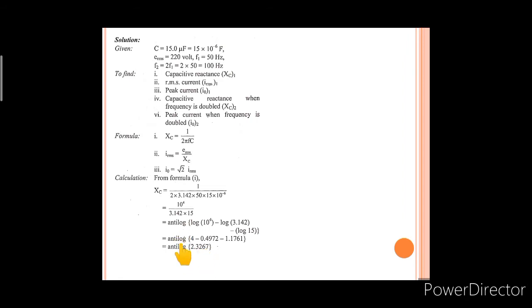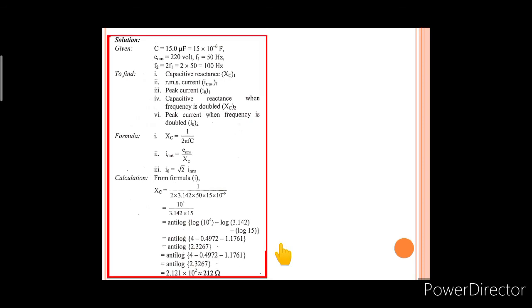Out of the bracket we write the antilog. The antilog of 2.3267 we get as 2.121 × 10^2, which we write approximately as 212 ohm. So the capacitive reactance Xc1 is 212 ohm.